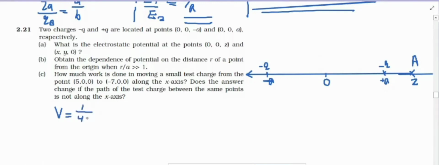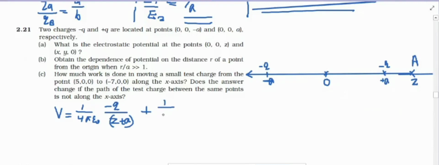It is 1 by 4 pi epsilon naught minus Q divided by Z plus A. From the origin O to the point, the distance is Z, and from O to the charge minus Q, the distance is A. So the total distance from minus Q to the point is Z plus A. That is the potential due to the negative charge.